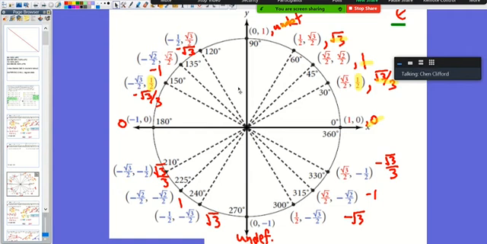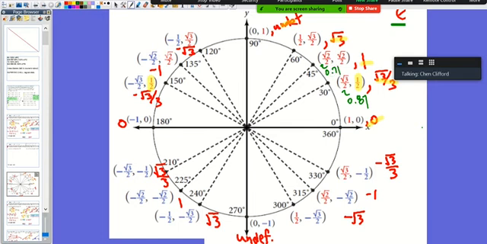Root 3 over 2. Let me just write some stuff in green right here. Okay, root 3 over 2 is going to be 0.87. Okay, root 2 over 2 is going to be 0.71 roughly.